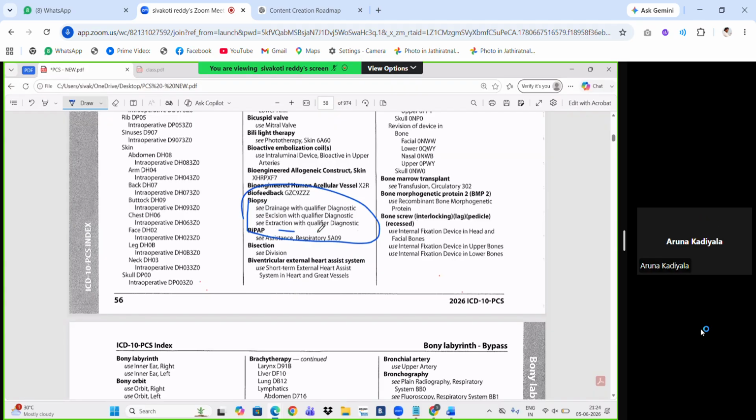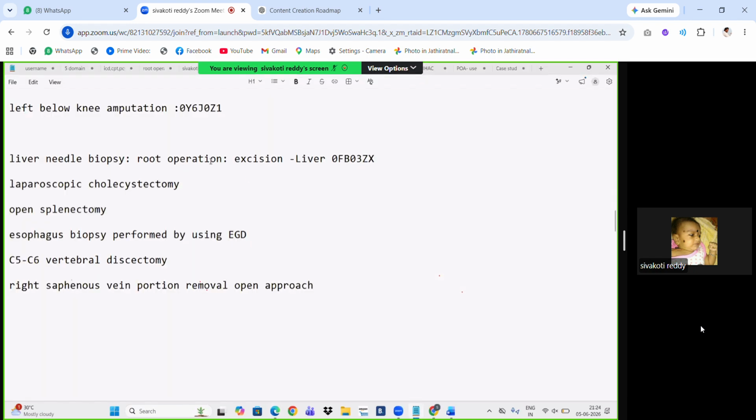That's why I am telling. If you go procedure-wise, they will tell, see somewhere, see this, see that. All the procedures are the same, like that only they will tell. Suppose next I will show cholecystectomy, laparoscopic, correct? What is the root operation?